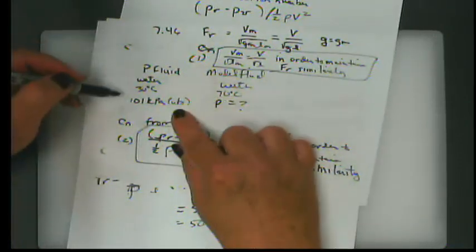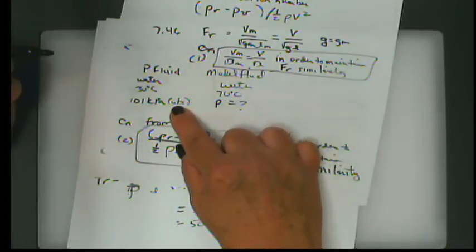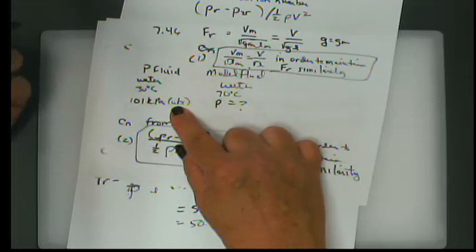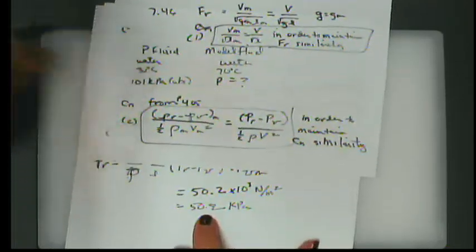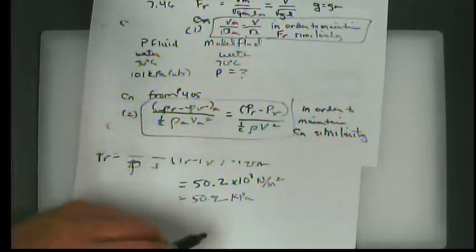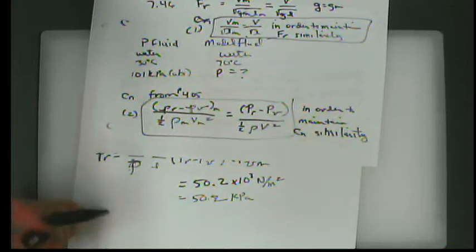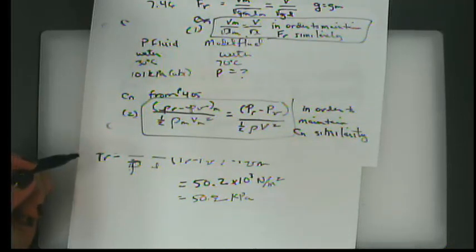So we started with a pressure of 101 kPa, which is essentially atmospheric pressure. That means we have to drop our pressure to approximately half an atmosphere in order to maintain Froude number similarity and to examine for cavitation.